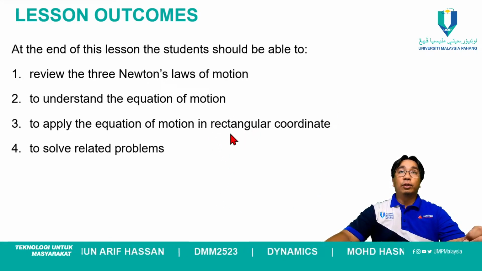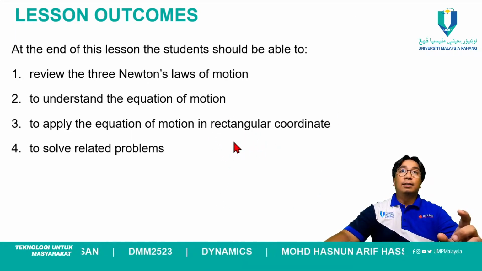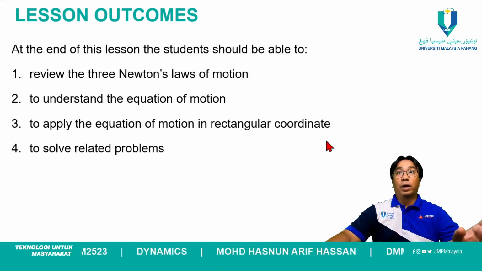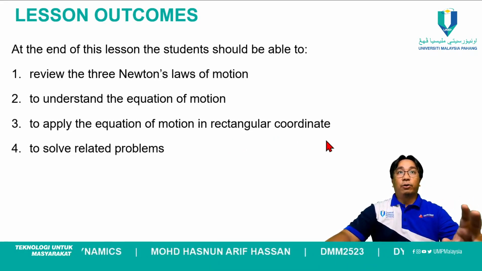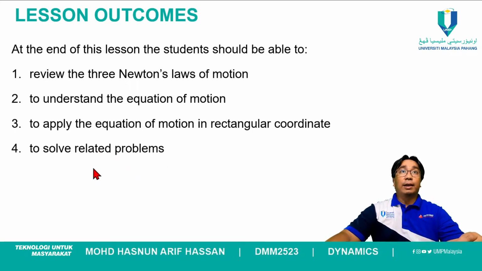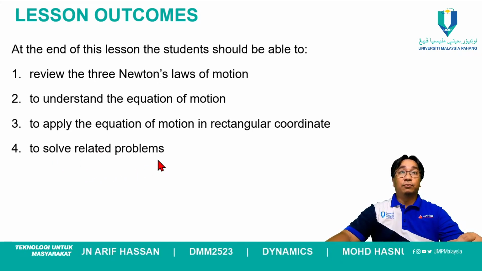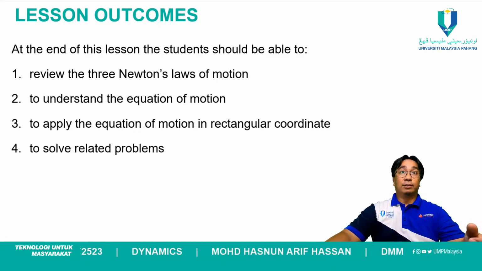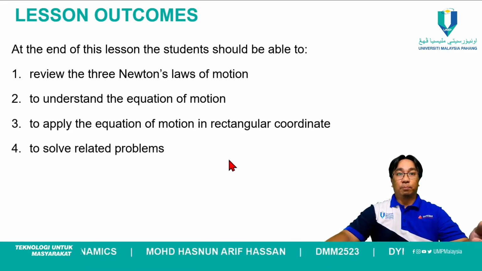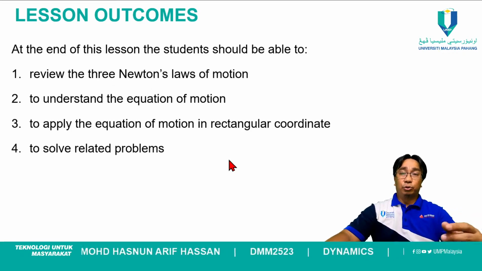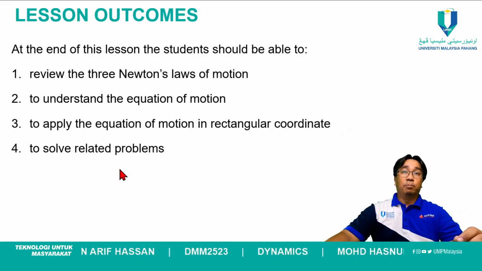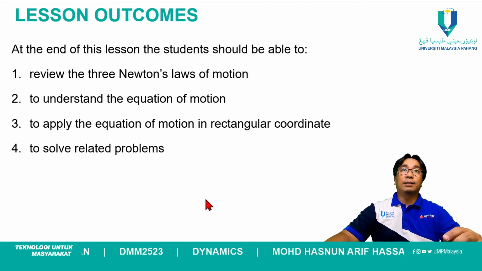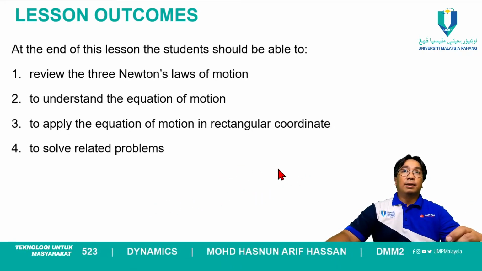For today we are going to focus only on the rectangular, xy coordinate system. The last outcome for today's class is that you should be able to solve some problems related to this topic. I'm going to show you a few example problems towards the end of the class.